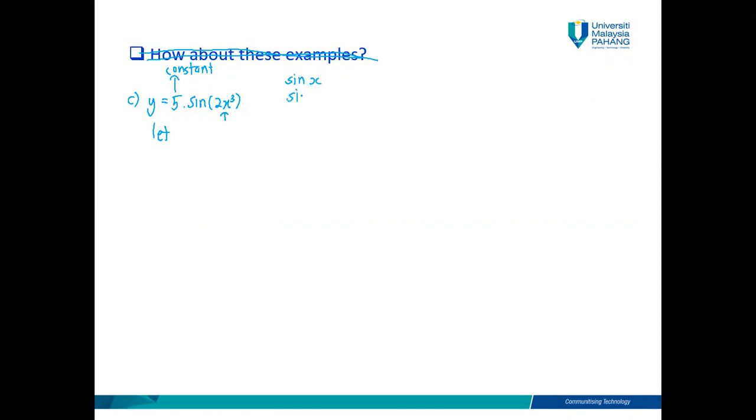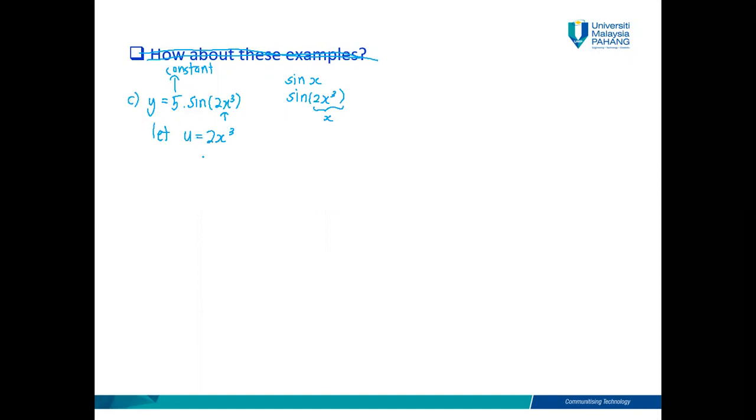But now you have a sin 2x cube. Maknanya 2x cube, this one is your x actually. So you alter x tu jadi 2x cube. So kita kena let u dengan yang kita alter ni, which is 2x cube. Faham? Apa yang you alter daripada table of differentiation, that one will be your u.